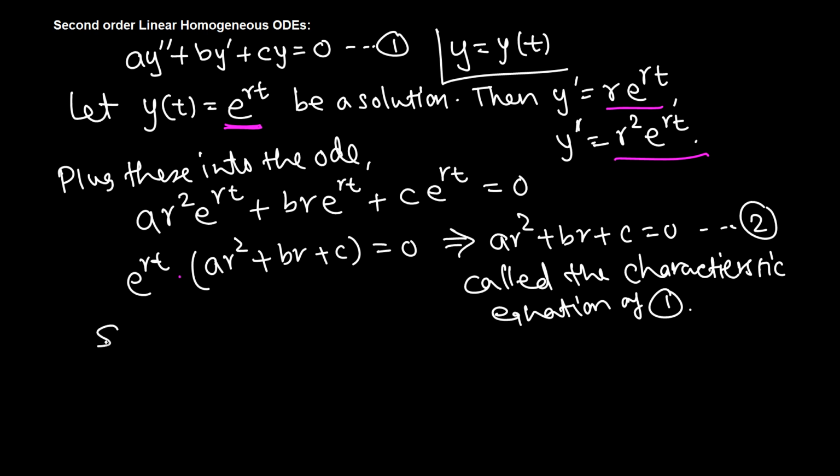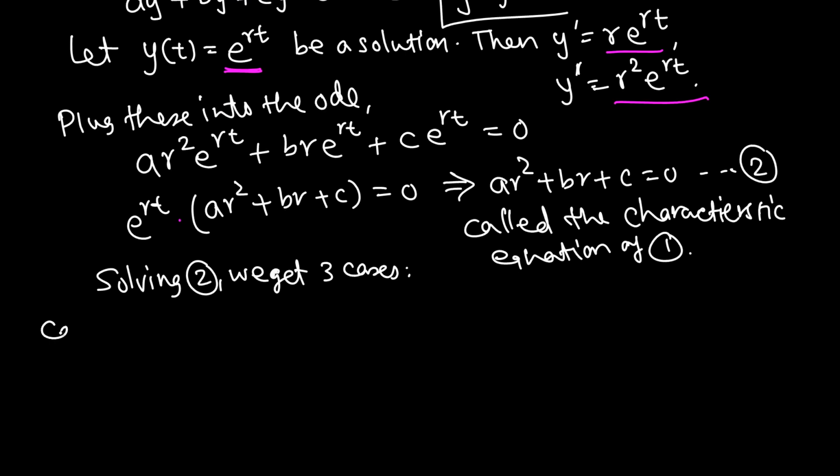So solving 2, we get three cases. Case 1 happens when we find the discriminant b squared minus 4ac is positive.